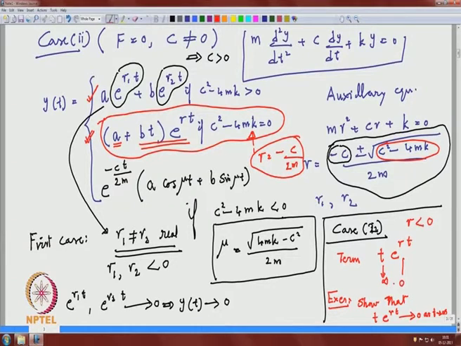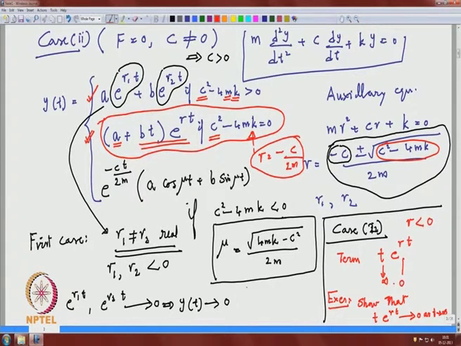So, when you add damping, suppose m is fixed, k is fixed for a particular system, and the sign of this is determined based on how much damping you add. 4mk is a positive quantity, and if you add sufficient damping in such a way that c square is greater than or equal to 4mk, there is no oscillation phenomenon, and the oscillation goes to 0.